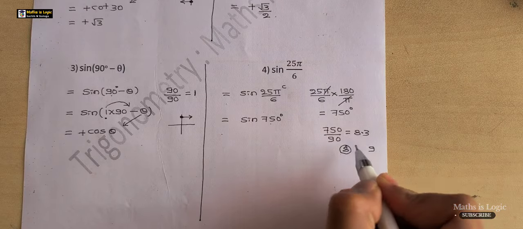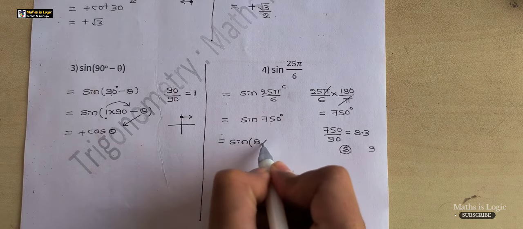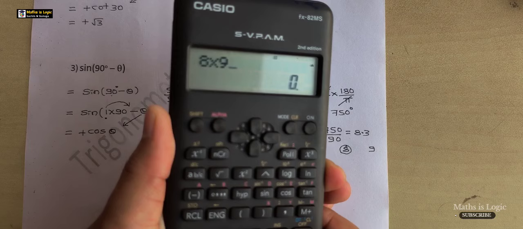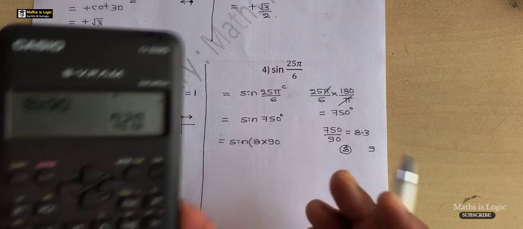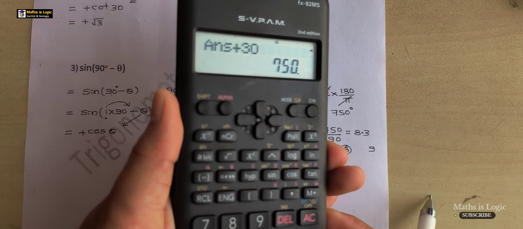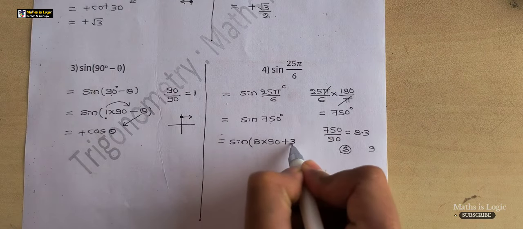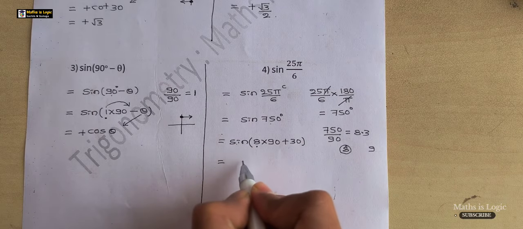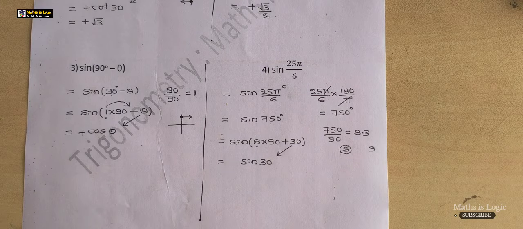So I am going with the even number, so sine, how to write, 8 into 90. 8 into 90 is 720, but we need 750, so for this 720 add 30, then only we will get 750. Therefore plus 30. Even number is there, 8 is even, so sine remains sine, and 30 degree we keep as it is.